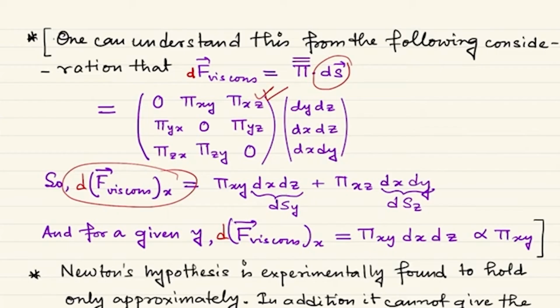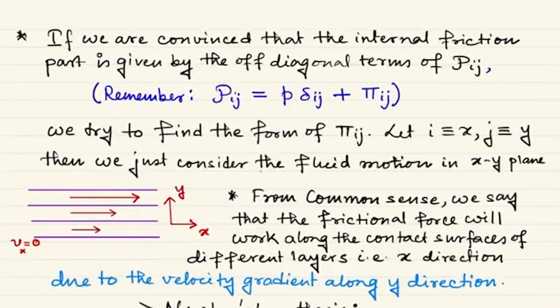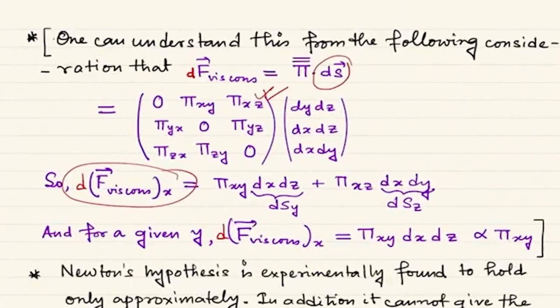And for our case, we are just concentrating at one value of y, for example at one layer, so y is constant, so this part is 0, so we finally have dF viscous x is nothing but pi xy dx dz, because dy is 0, for a given intersection between two successive layers.